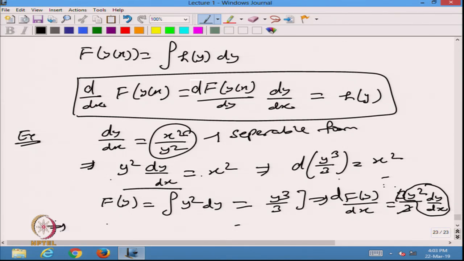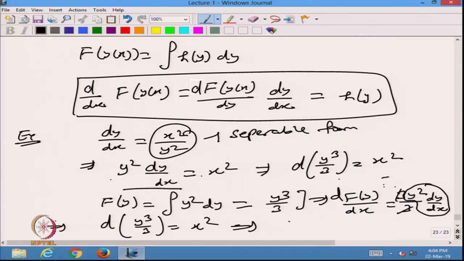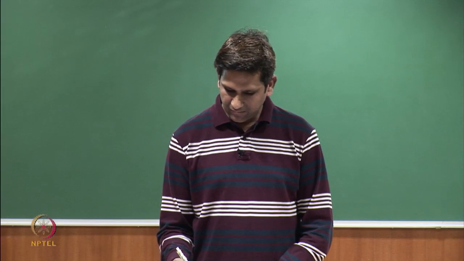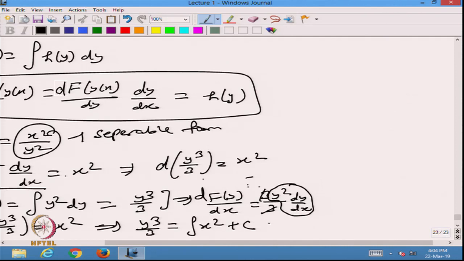So, using this one, I have converted my differential equation into the simpler form, this one, which can be further solved by integrating both sides. So, if I integrate both sides with respect to x, then I will get y cube by 3 is equal to the integration of x square plus c, which can be further solved.